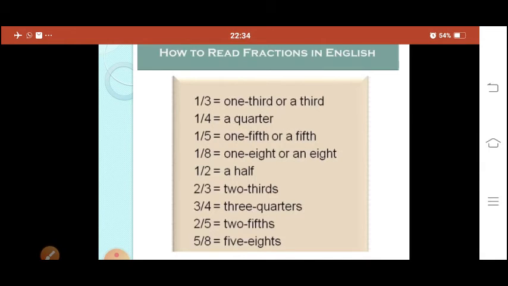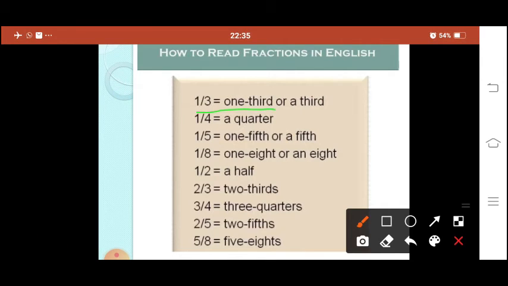What you can observe here is that the numerator we write as the exact number name. Like 1 by 3: 1 we write as the exact number name, and 3 we write as third. That means the ordinal numbers you have learned: third, fourth, fifth, sixth, seventh. So the numerator is written as the exact number name, and the denominator as the ordinal number.